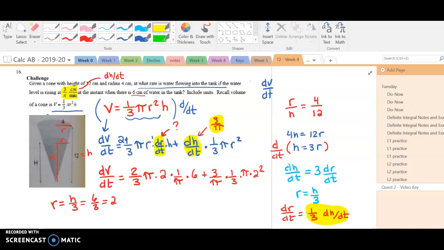One thing, we also had to use this equation here, r equals h over 3, to get the radius. The radius is 2, since the height is 6. And so here you have everything all plugged in. We're going to have the pi's canceling here and here, 3's canceling, and so we're going to have our dV/dt equal to 2 times 6 plus 2 squared is 4, or a total of 12 plus 4.